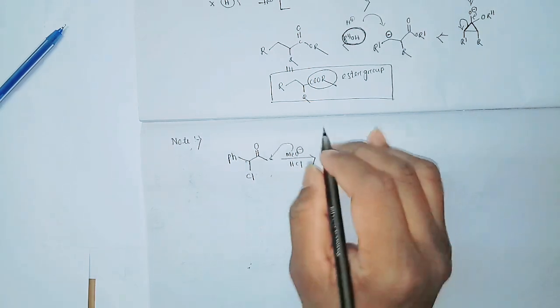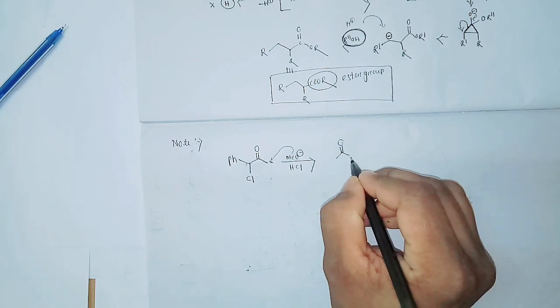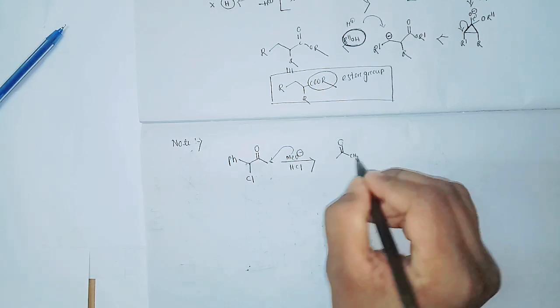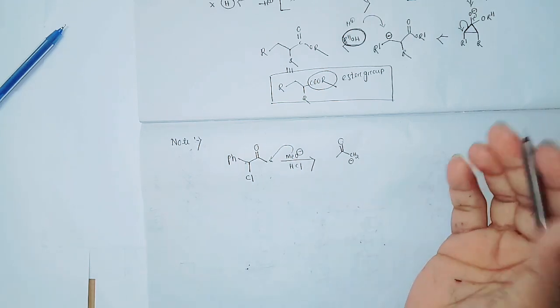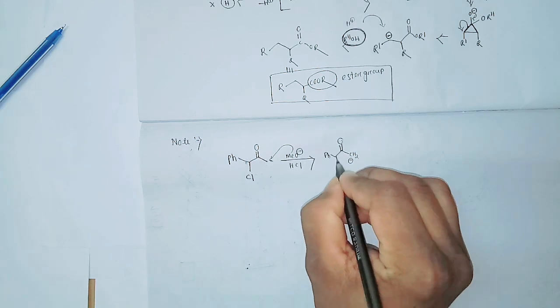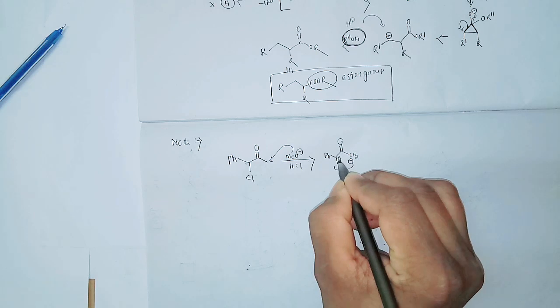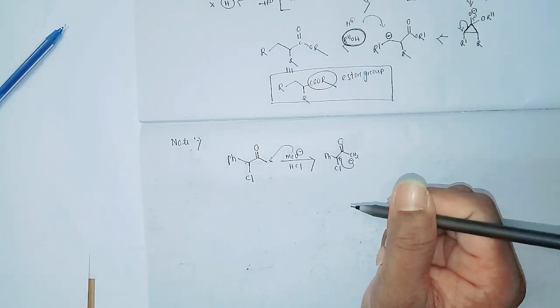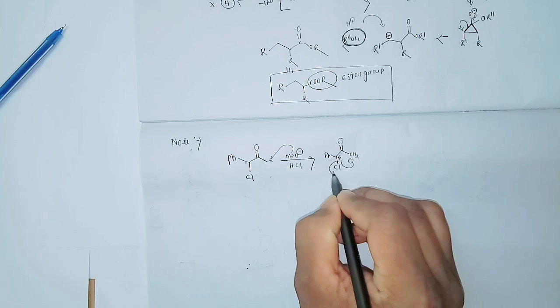Then we get CH2 negative charge, this is the methyl group, and this is the phenyl group, with the chlorine atom. So this negative charge will attack the halogen center of the product, then this chlorine will be removed.